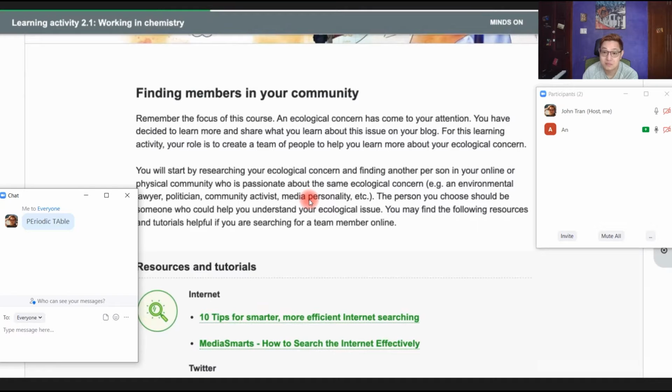The person you choose should be someone who could help you understand the ecological issue. You may find the following resources and tutorials helpful if you are searching for a team member online.